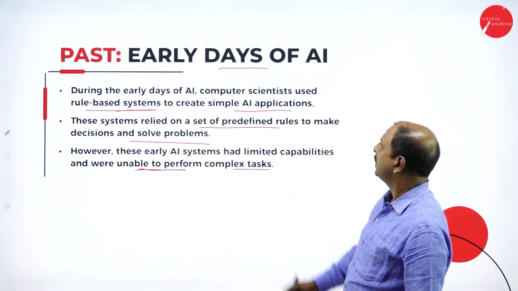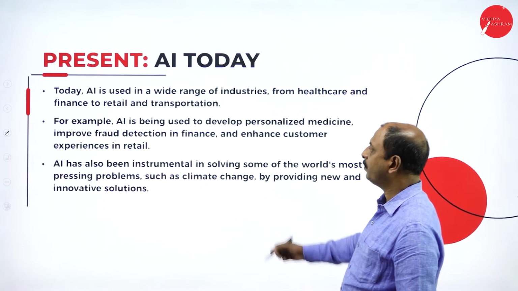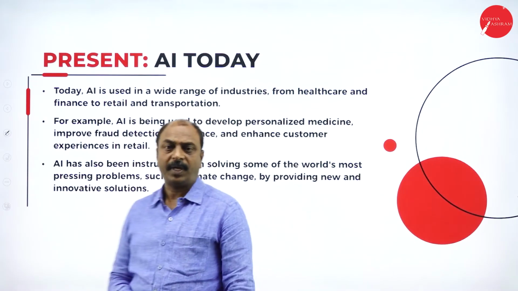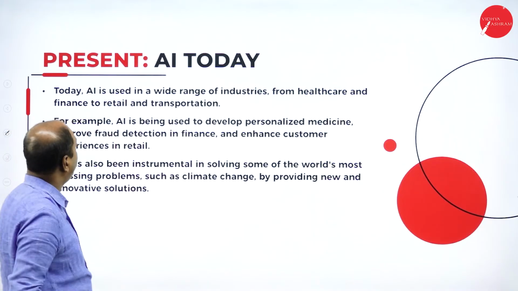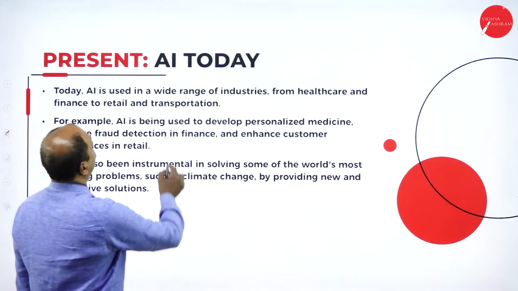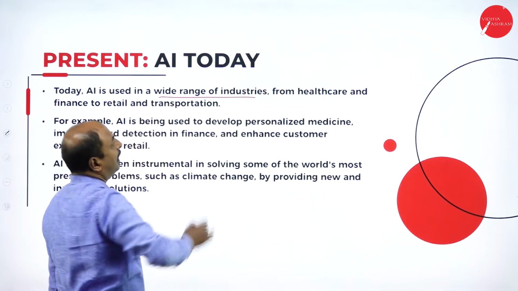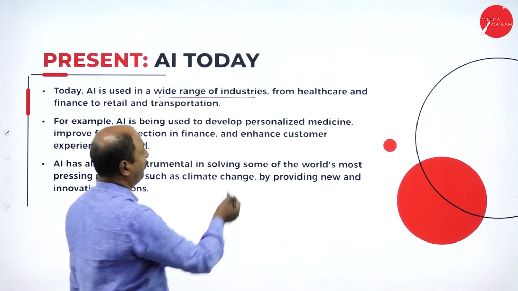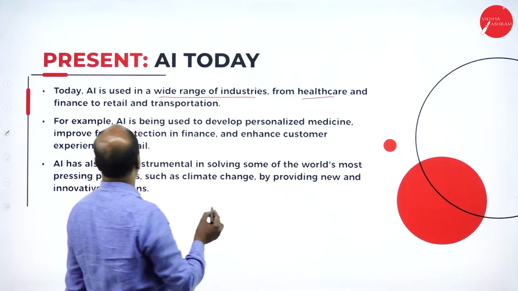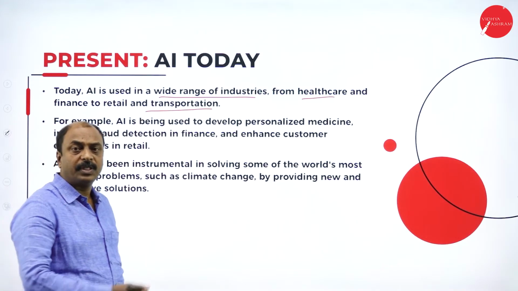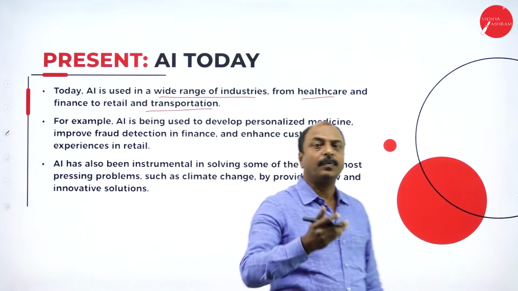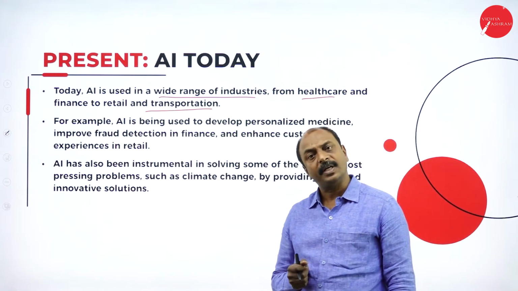So this is the past of AI, and now the present. Now all of you have seen different examples of AI in our previous slide. At present we are using AI in a wide range of industries, from healthcare and finance to retail and transportation. We have seen in our previous slide the different applications of AI in our day-to-day life.